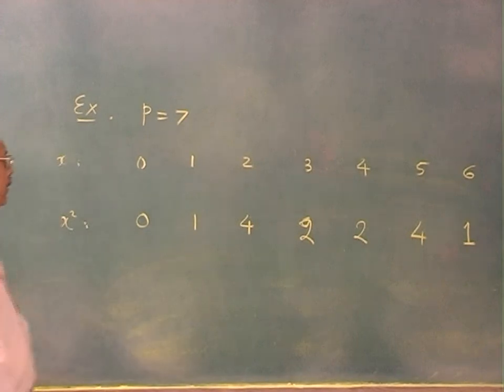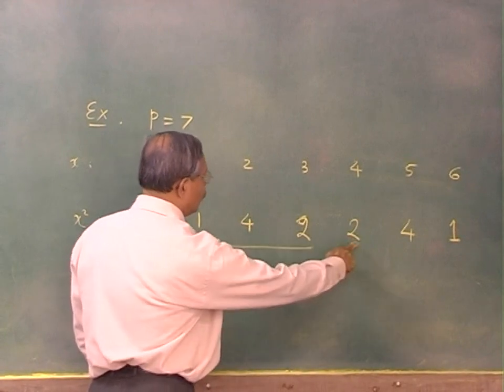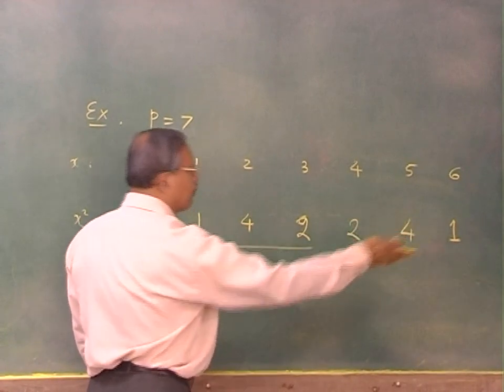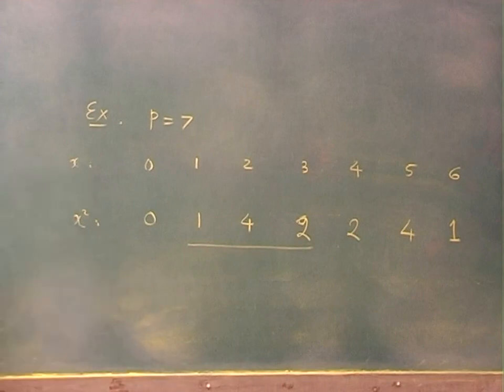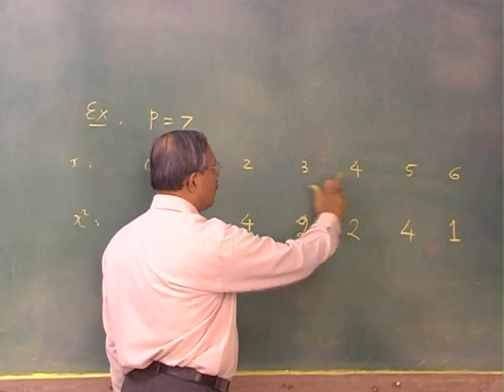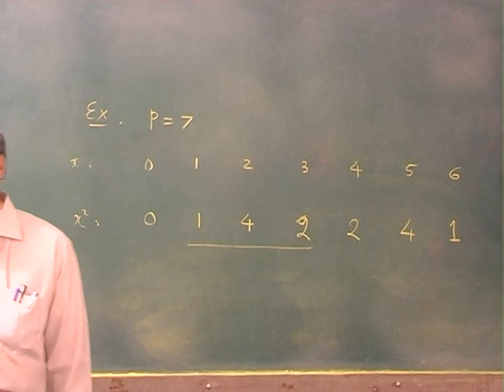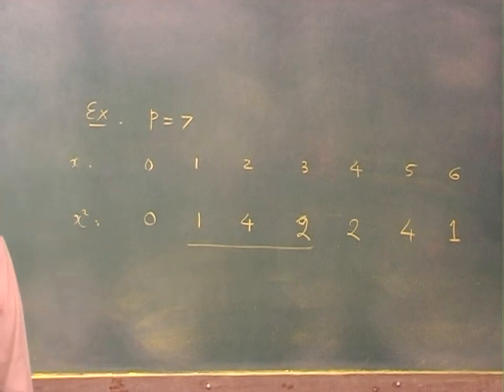You see that these 3 squares are there and you get the same numbers in the opposite order. And that is not a wonder actually, because 3 and 4 are negatives of each other mod 7. 3 is congruent to minus 4. So if you take the square, you will get the same number mod 7.